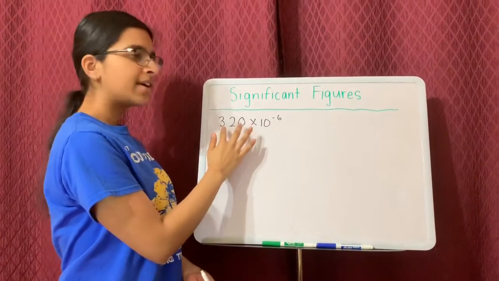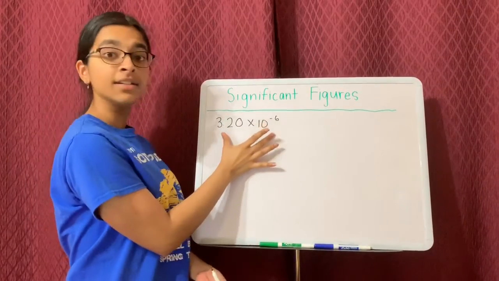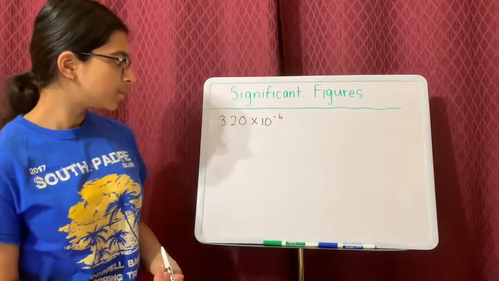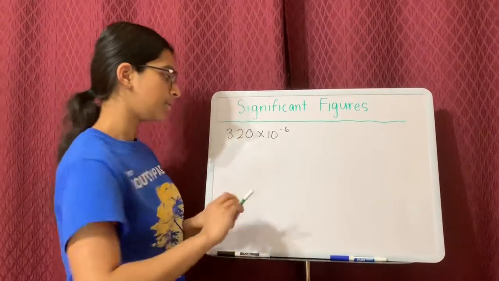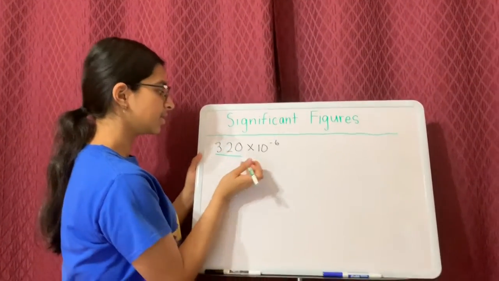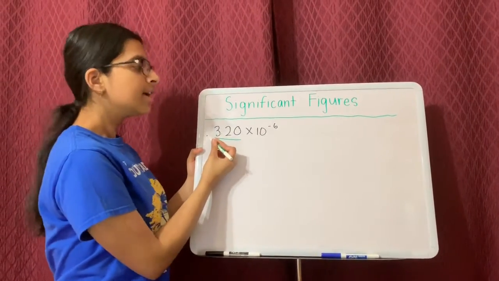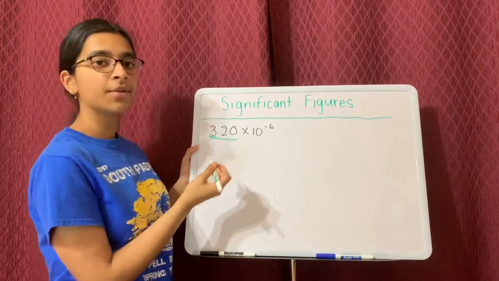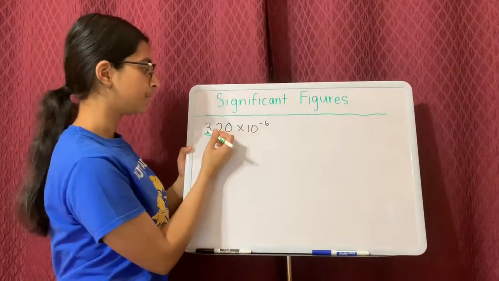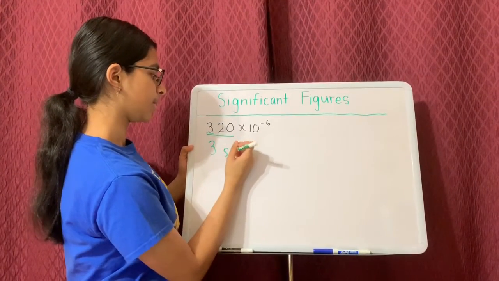The number of Sig Figs in this base number is the same as the number of Sig Figs in the total number. So we're just looking at 3.20. This number does have a decimal point, so we start from the left side. The first digit, 3, is your first non-zero digit, so we count every single digit as a Sig Fig. So we have 1, 2, 3. We have 3 Sig Figs in this number.